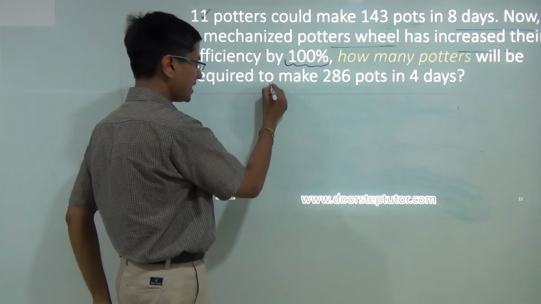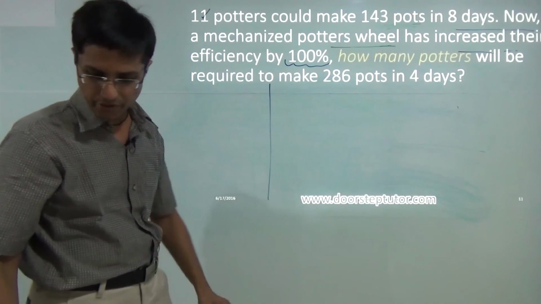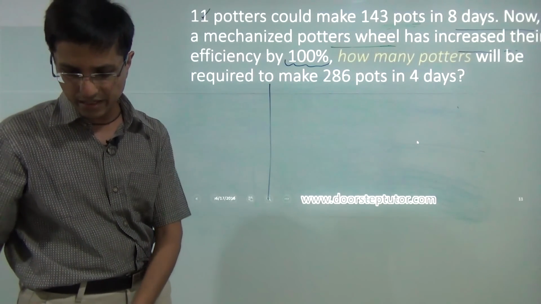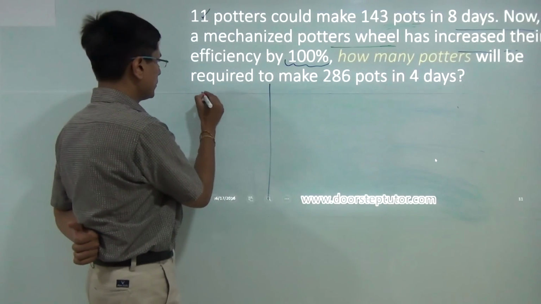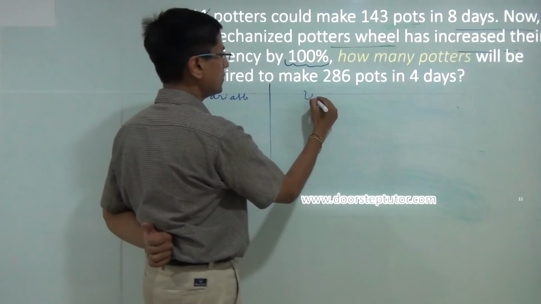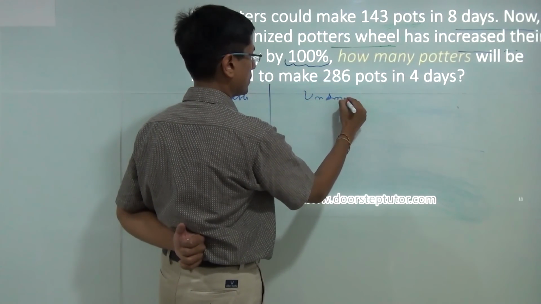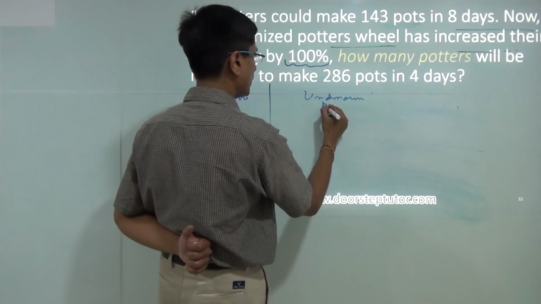So here I'll again note down the terms. I'm not going to solve the problem, I'm simply going to give you the terms. What are the various terms here? Our unknown is how many potters, so the number of potters.